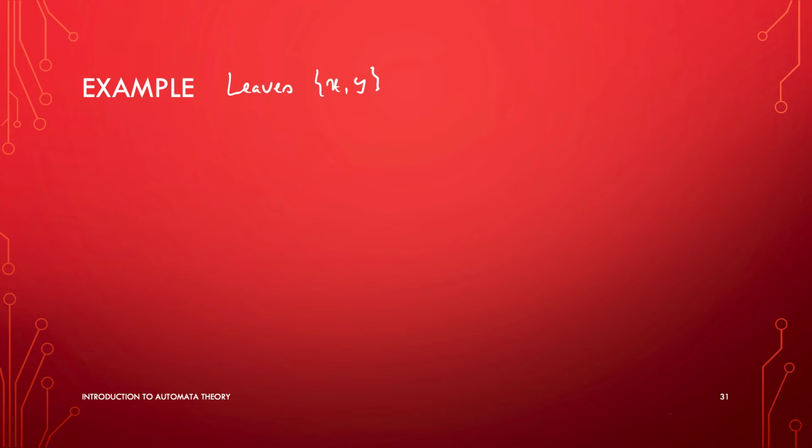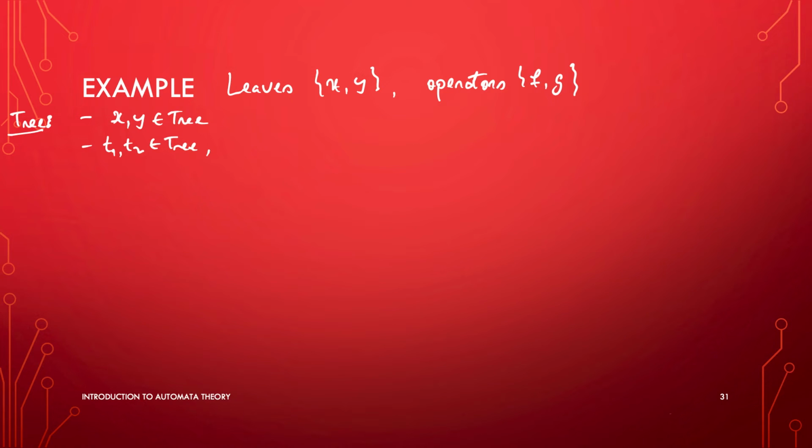We had just two symbols for the leaves, X and Y, and we had two symbols for the operators, F and G. And the set of binary trees was defined inductively in such a way that on one hand X and Y are trees, and on the other hand, if you have T1, T2 trees, then you also have that F of T1, T2 and G of T1, T2 are trees.